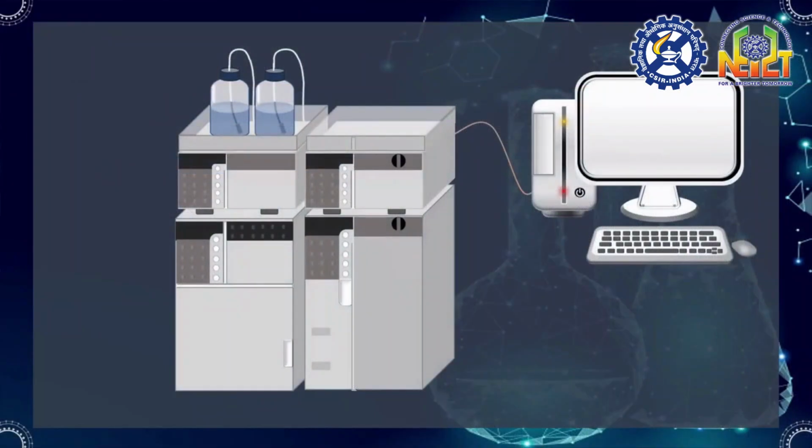The manner in which the final data is displayed is based on the computer and the software. The information is sent from the detector to a computer which generates the chromatogram. The number of peaks present indicates the number of components in a mixture.